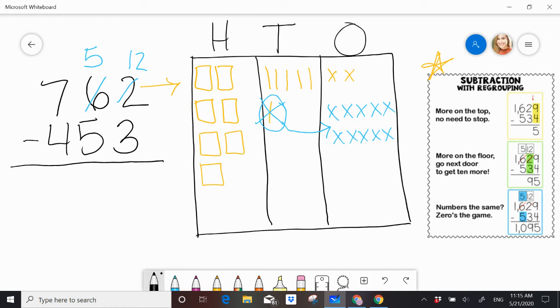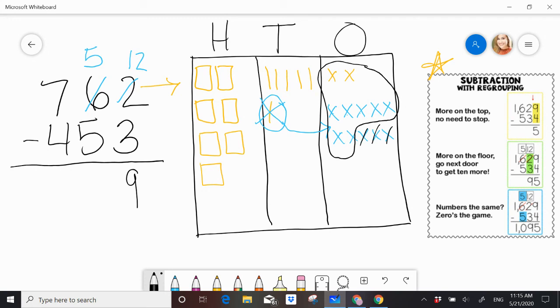Let's take away 3 from 12. 1, 2, 3. Let's circle what we're left with. 12 minus 3. 1, 2, 3, 4, 5, 6, 7, 8, 9. 12 minus 3 equals 9.